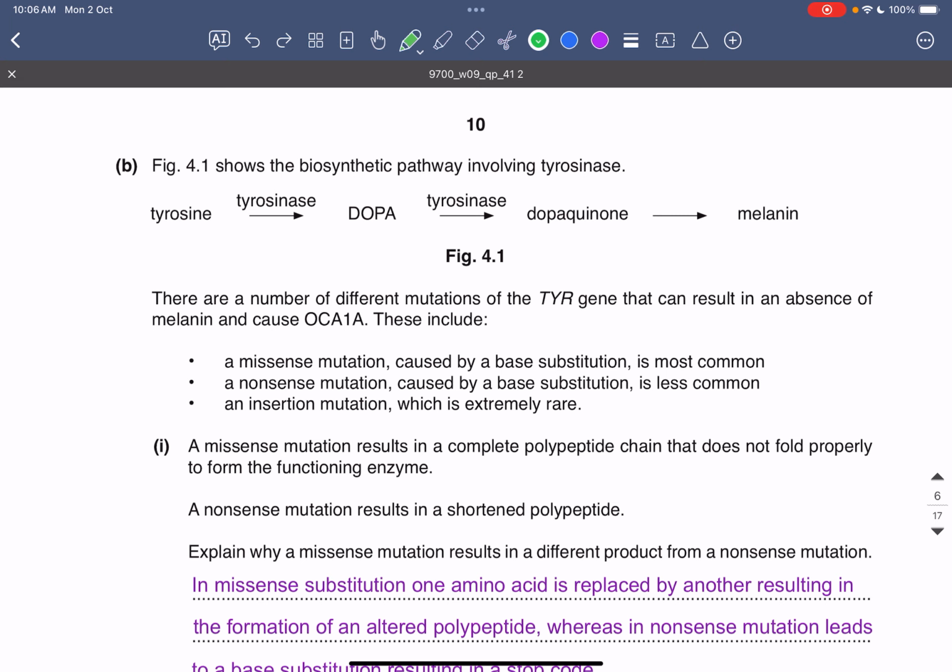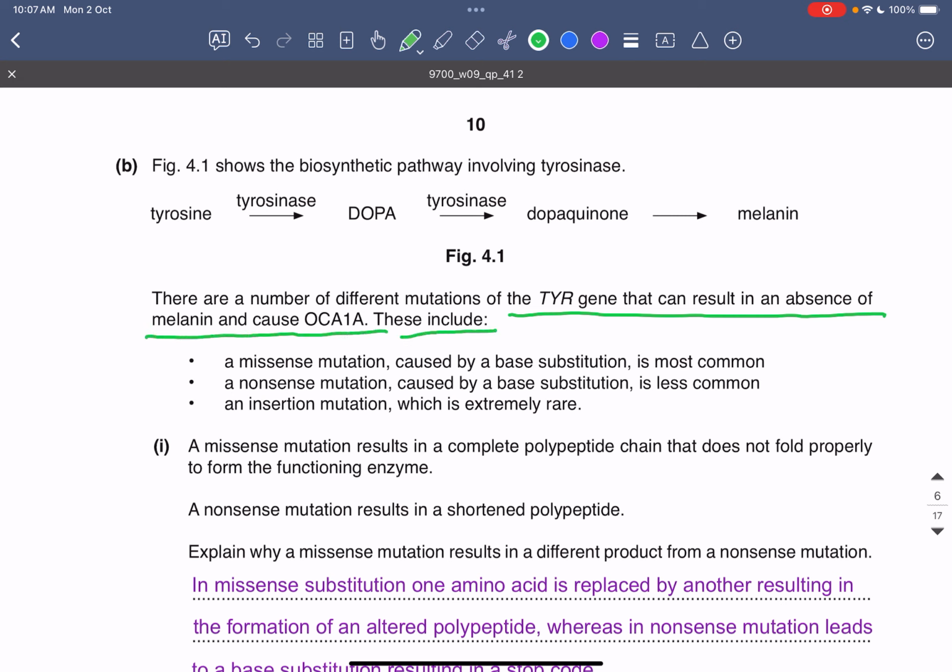Figure 4.1 shows the biosynthetic pathway involving tyrosinase. Okay, so this is the pathway. There are a number of different mutations of the TYR gene that can result in an absence of melanin and cause OCA1A.